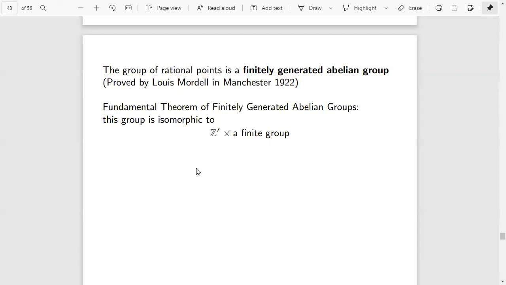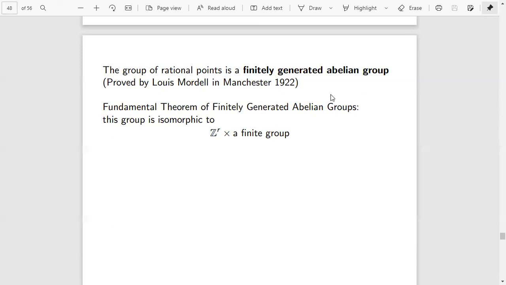So this number r here sort of measures, in some sense, how infinite the group is. So if r was 0, you just have a finite group. If r was 1, that means you've got a finite group plus some other stuff that's just generated by one thing. And then if r is bigger, that's counting how many extra points you need to generate the whole thing.